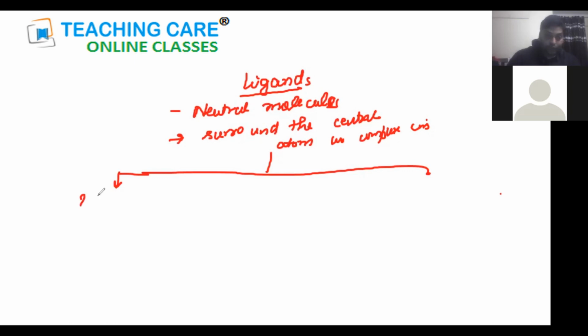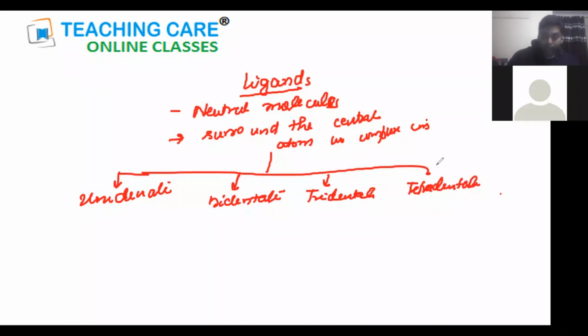Ligands are further classified as unidentate ligand, then bidentate ligand, then tridentate ligand, then tetradentate, then hexadentate ligand.